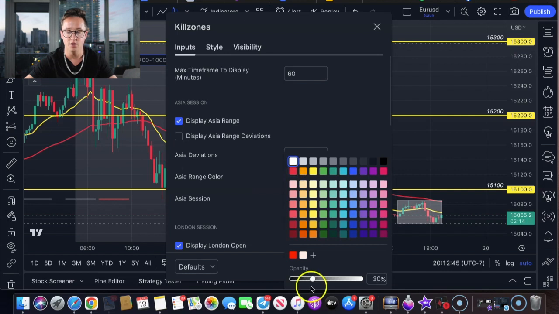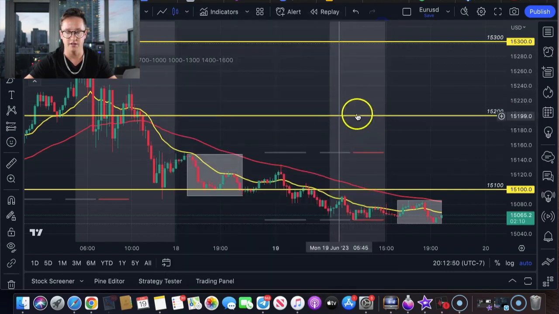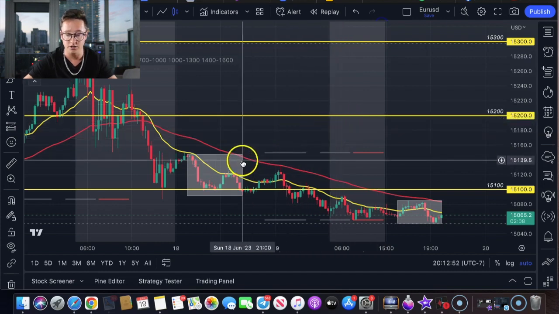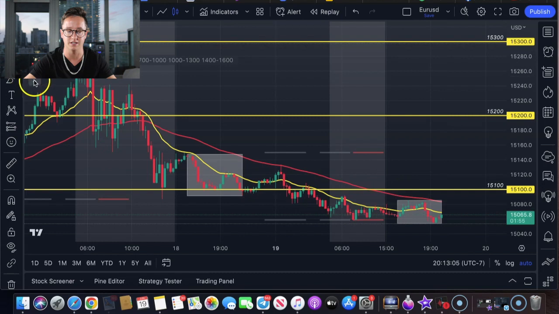I have it in white with the opacity at 30%, just so I can see it a little bit differently than the New York session. So this box right here that we actually see forming right here is the Asia session. We are going to get a ton of feedback from that session and the London and the beginning of the New York to give us our feedback whether we're going to take a buy or a sell position.